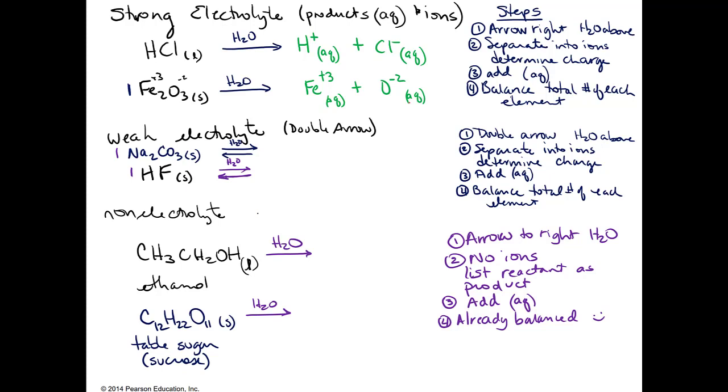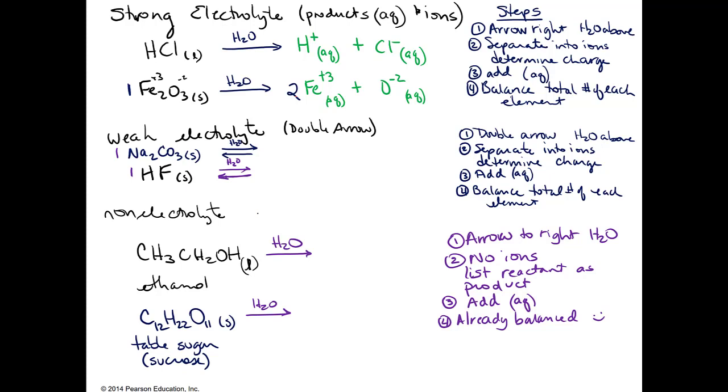Now, if I wanted to balance this, how many irons would I have to have on the product side? If I have Fe2O3 on the reactant side, how many iron ions would I have to have? 2. So if it's Fe2, there are 2 irons in the reactant, so I'd have to have 2 iron ions in the product.